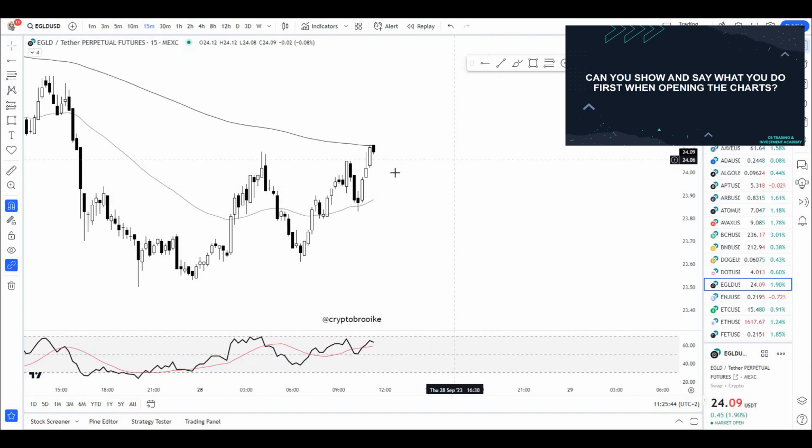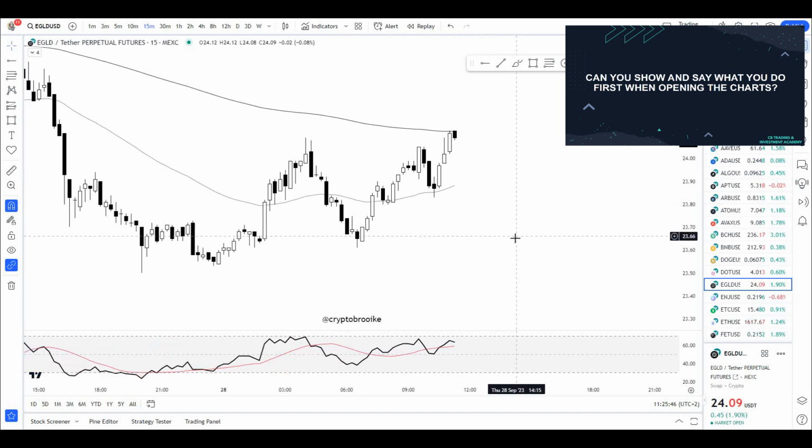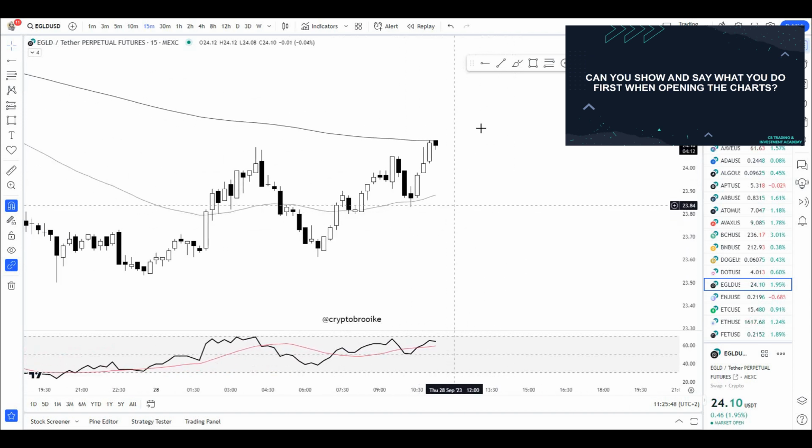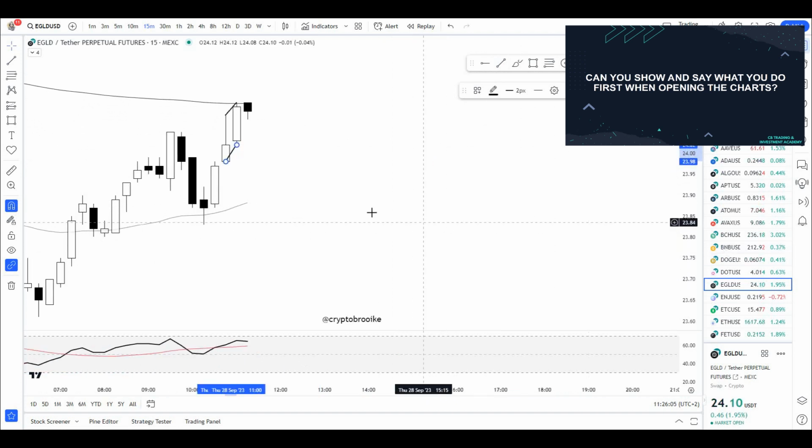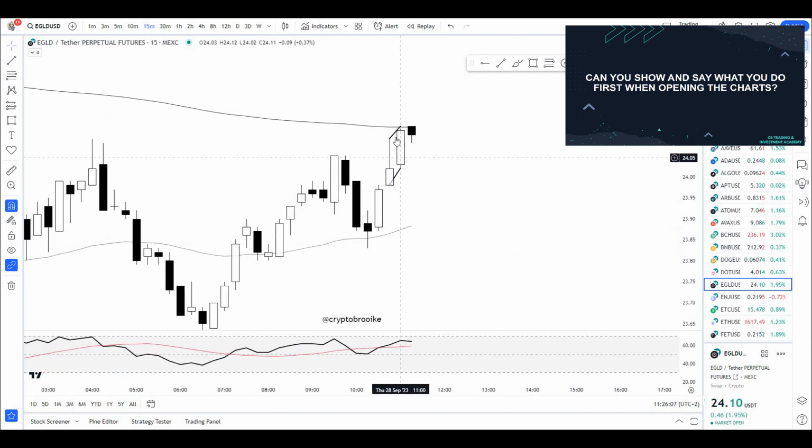So as you can see, this one, EGLD, it made 2 bullish candles, with the second bullish candle being a higher high and a higher low from the first candle. So let's zoom in, this is the first candle, this is the second candle.